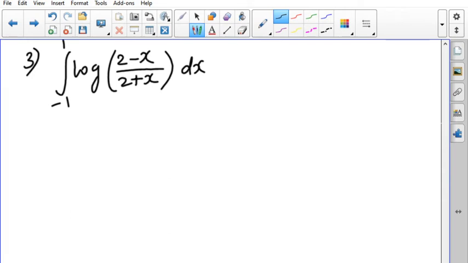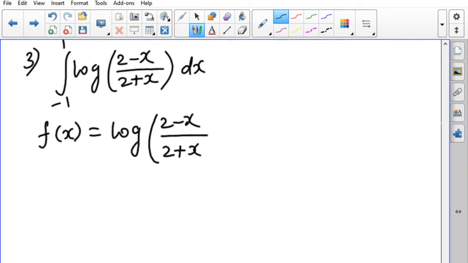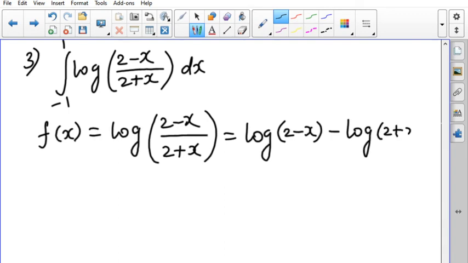So let f of x be the given log of (2 minus x) divided by (2 plus x). Using the quotient rule in logarithm, we can write this as log of (2 minus x) minus log of (2 plus x).